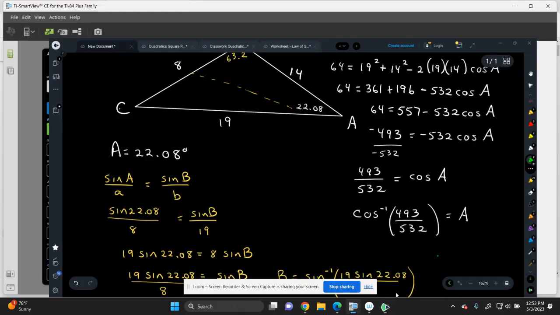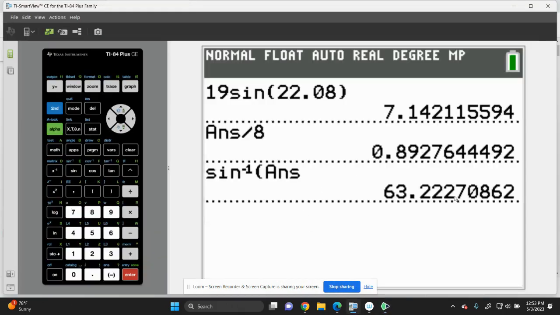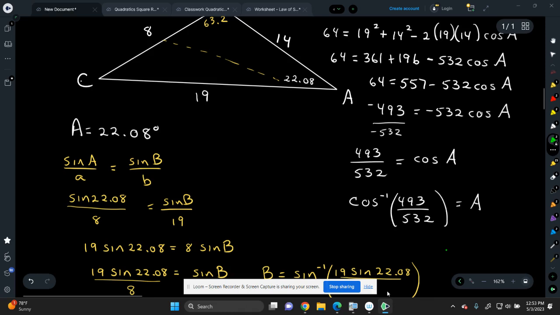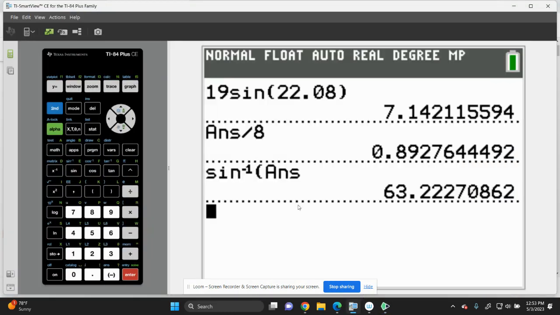This is 22.08, so I could go 22, but it makes sense to say 22.0, whereas the other number was actually 7 something, right?